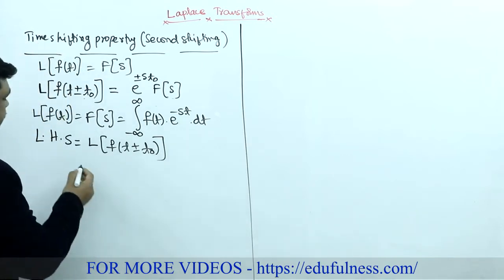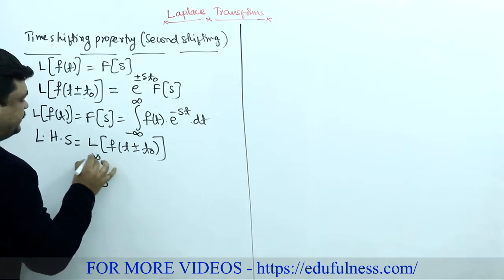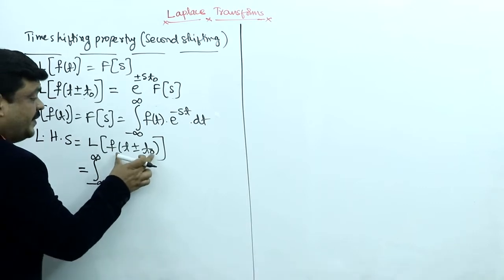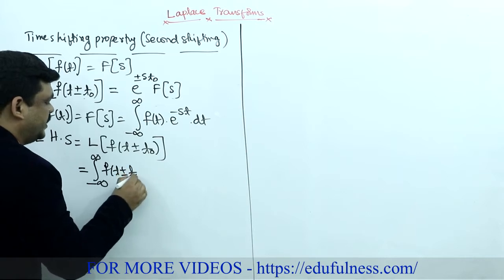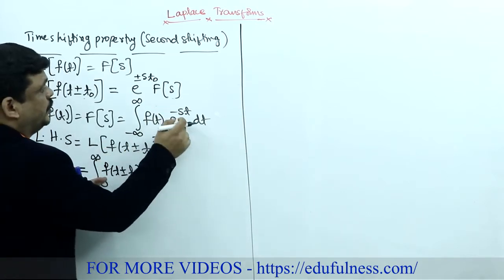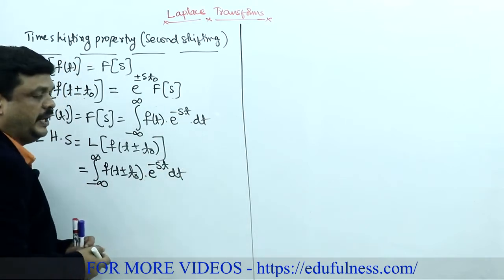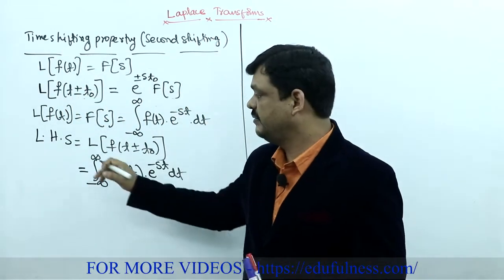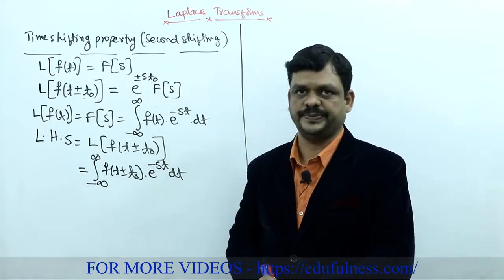So directly I am writing the integration from minus infinity to plus infinity. What is the given function here? F of t plus or minus t naught. Write the given function as it is into e to the power of minus st dt, and again we apply integration with respect to t. This is the basic Laplace transform equation.